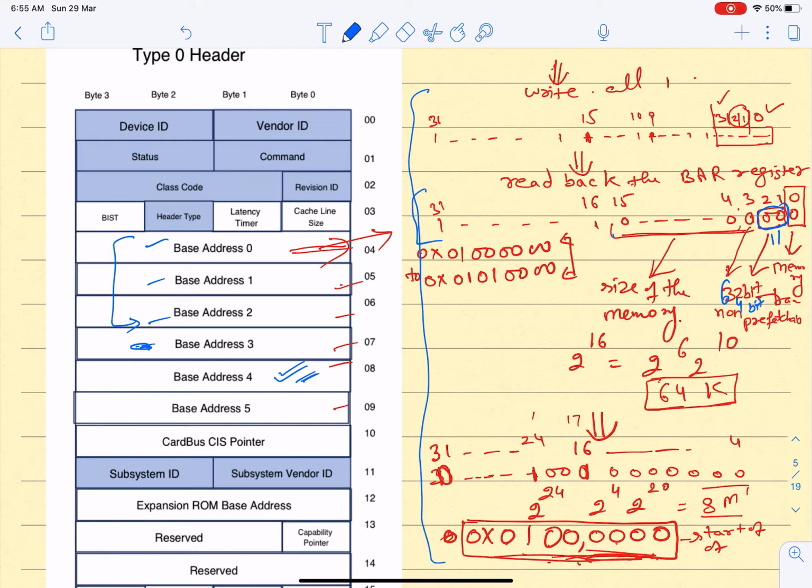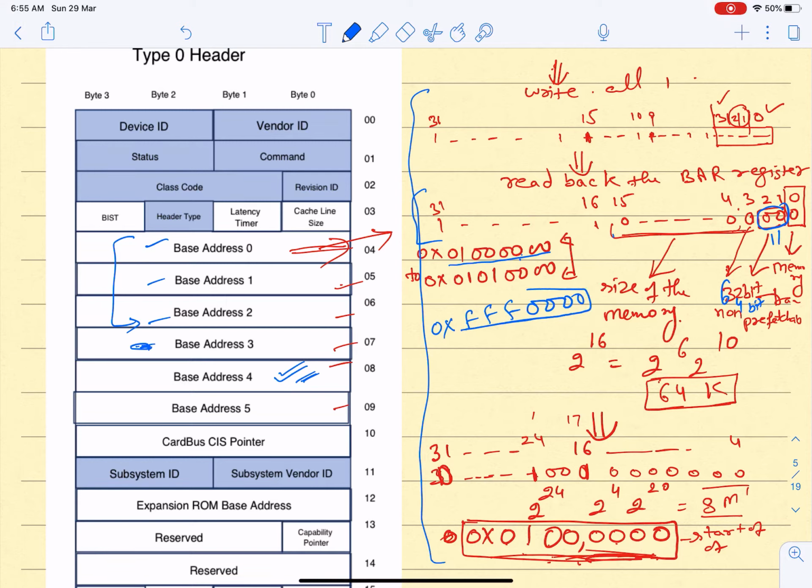base address. Let us suppose here the address was 01000000. This was the base address for 32-bit, and if it is for 64-bit, then it will add some more upper 32 bits also. It may be anything, like let us suppose FFFF0000.